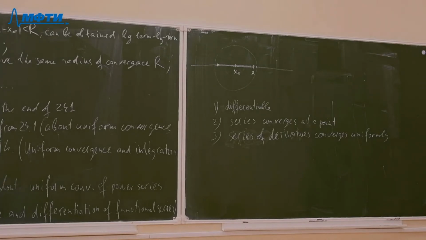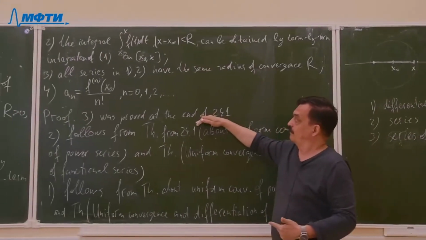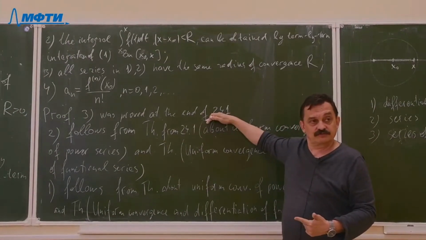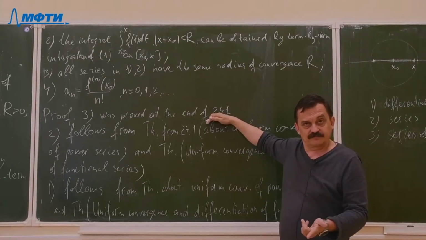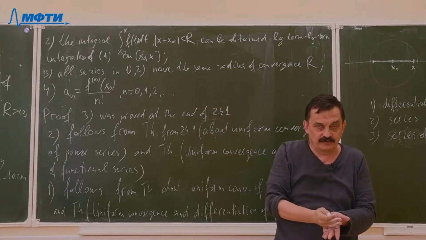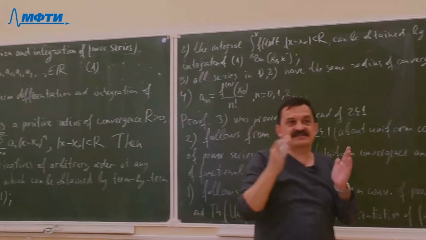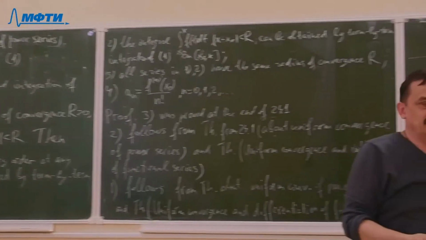So, look, we combine the assertion which was proved at the very end. What do we know? If we differentiate term by term, we obtain again a power series with the same radius of convergence, right?